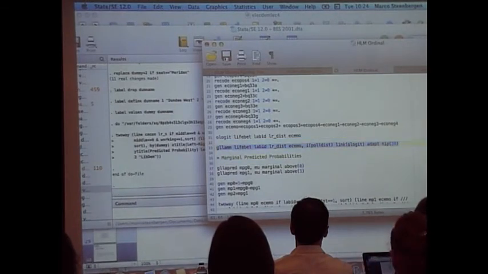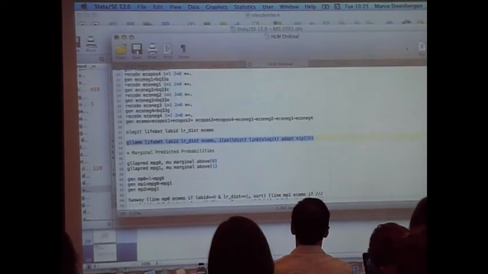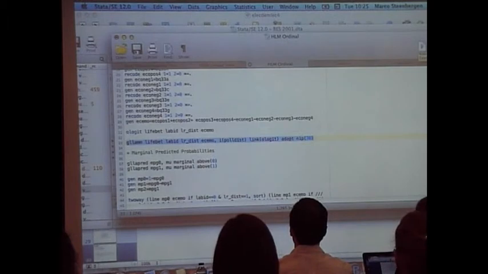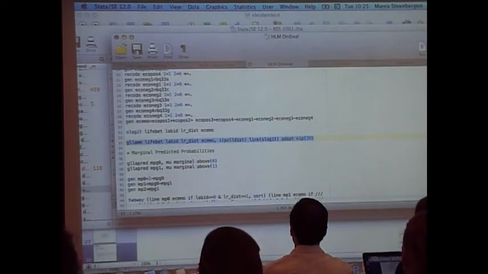This is a random intercept model that I'm going to be estimating. Life bet is the dependent variable. Lap ID is identification with Labour. Left-right distance is left-right distance. And ECHEMO is the emotional reactions to the economy.